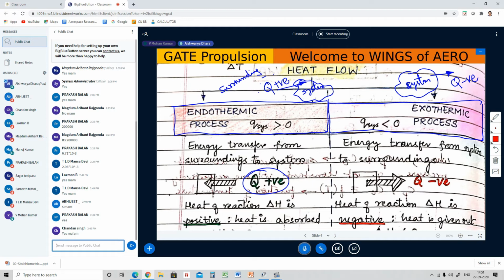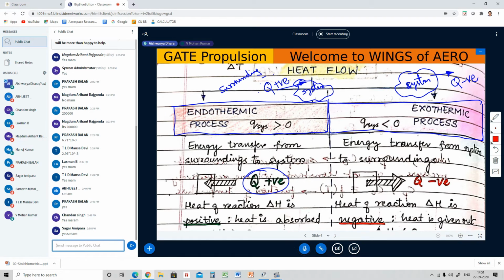But aviation fuel is a jet fuel. It is a kind of kerosene, aviation kerosene, right? Kerosene I know, but I'm not sure about the chemical composition of aviation fuel. If anybody knows, they can discuss over here.